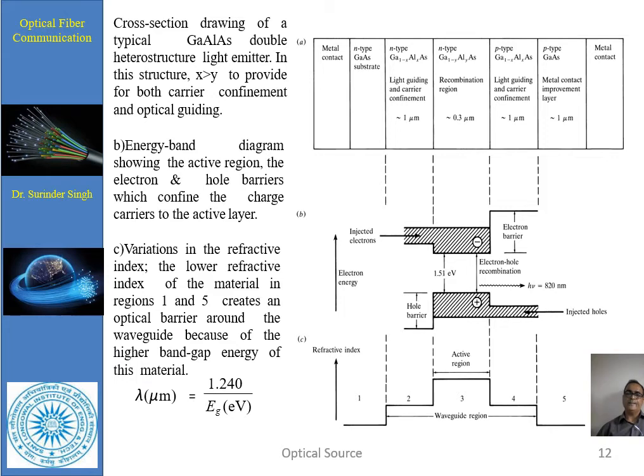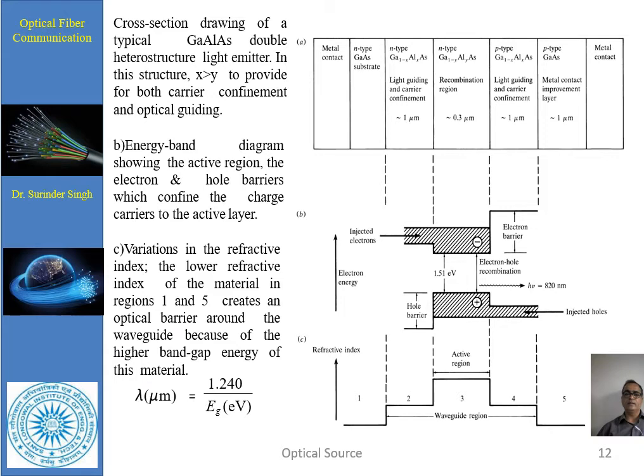Whenever an electron falls from this state to this state directly, it will emit a photon of energy h nu. So the carriers should be confined in such a way that they give an output.